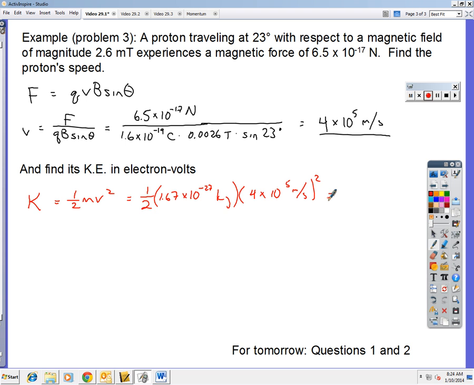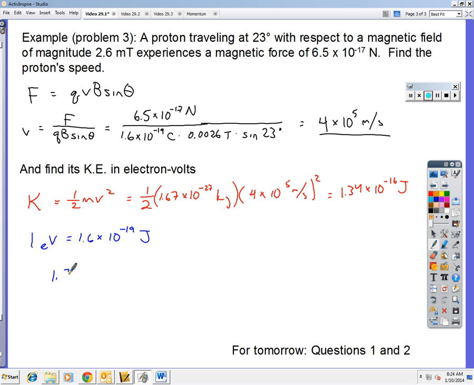And that works out to be 1.34 times 10 to the negative 16 joules. Now the electron volt is a unit of energy, and 1 electron volt is equal to 1.6 times 10 to the negative 19 joules. It's the amount of energy that an electron would have if you accelerate it through a potential difference of 1 volt.